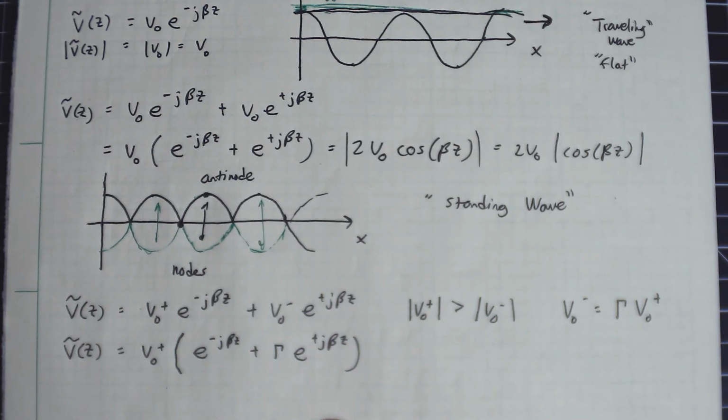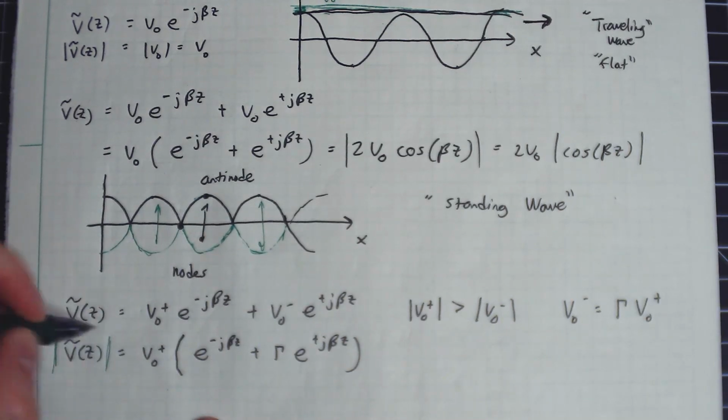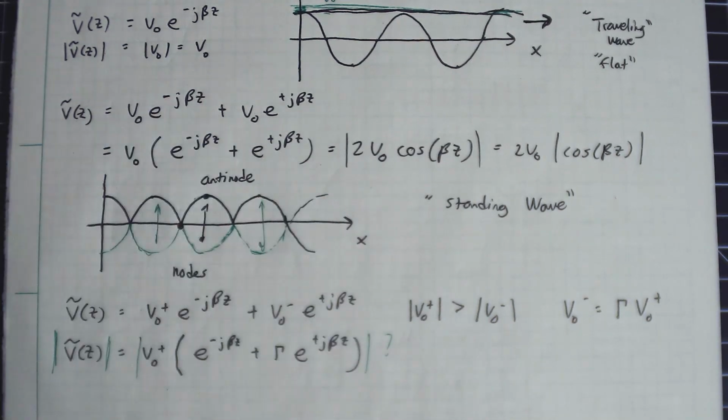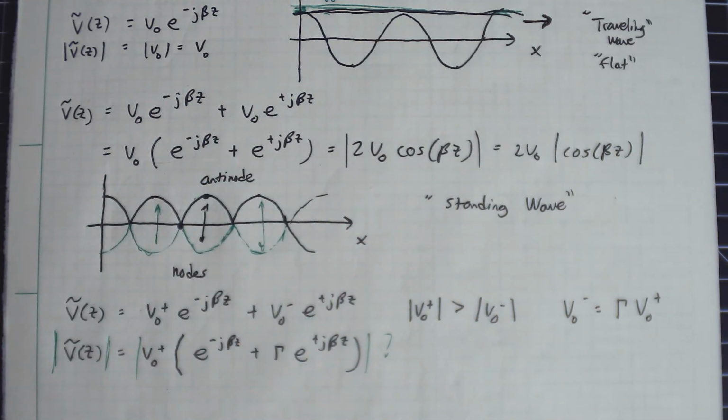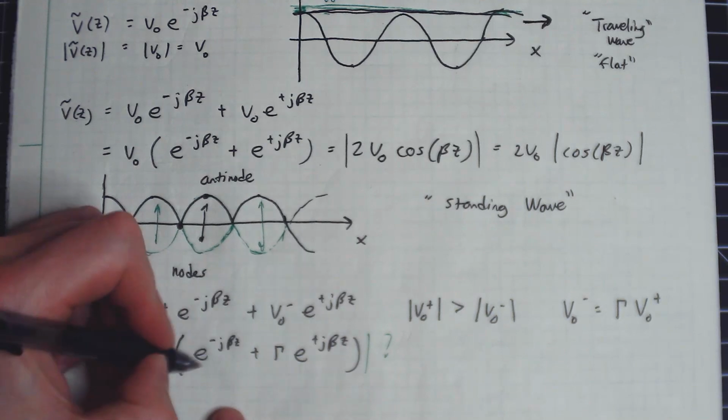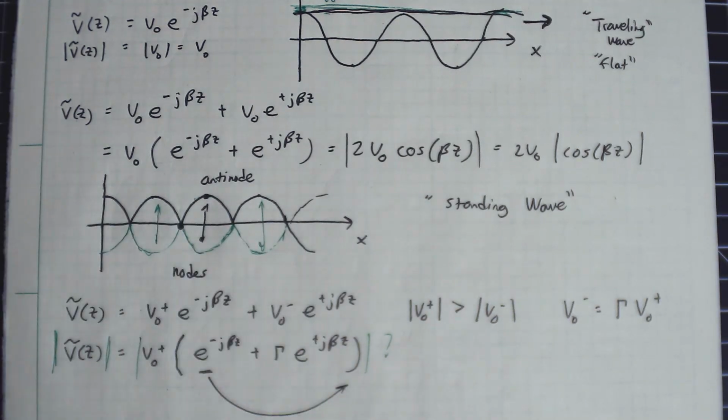So what I want to know is, what is the magnitude of this going to look like? Okay, one little simplification I'm going to make: I'm going to take this little term and factor it out.